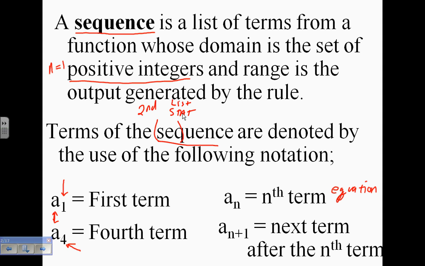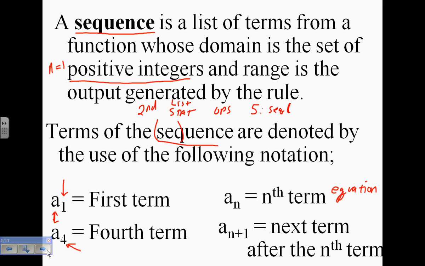Hit second, then list, and slide your cursor over to ops. On my calculator, it's option number 5, and it says sequence. We're going to be using that later. Second, list, stat, ops, number 5, and it'll come up with sequence. Make sure you write down where you can find that. I'll go through that again later.